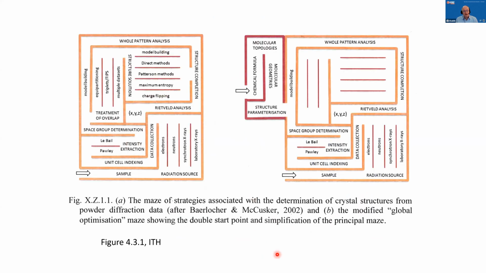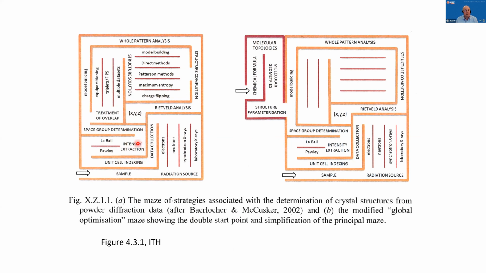The process of solving structures from powder is often identified as a maze. So I've borrowed this figure from Bill David's chapter in volume H, and he's borrowed it from Christian Baerlocher and then McCusker. So the idea is we have a sample, we shine radiation on it, we collect data. We have this bottleneck of indexing. Unless we can get a unit cell, you can't really make much progress.